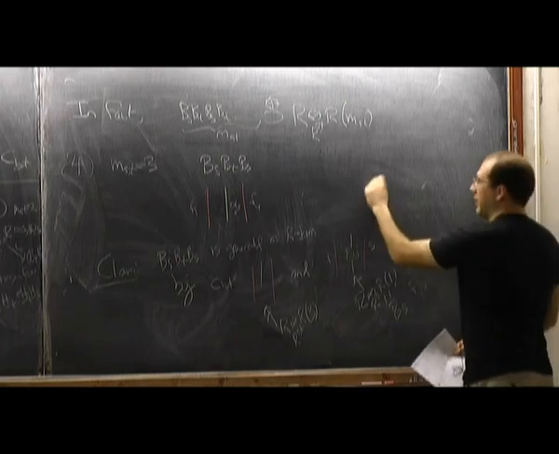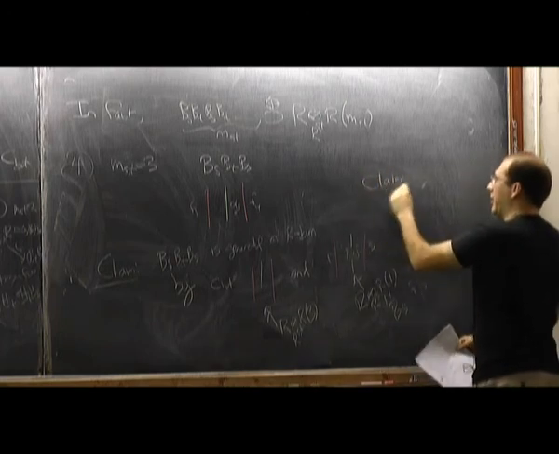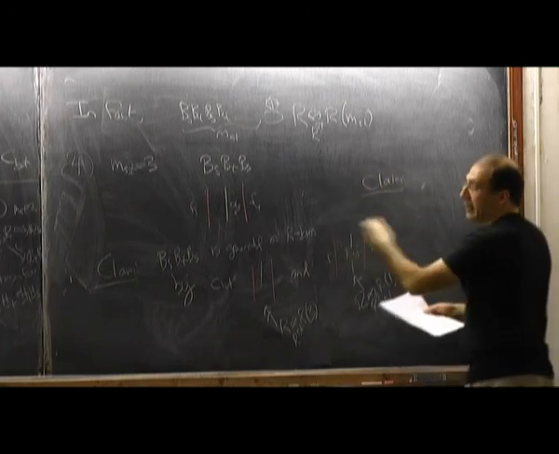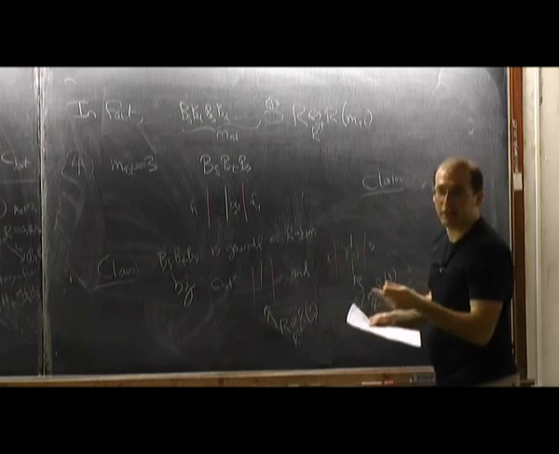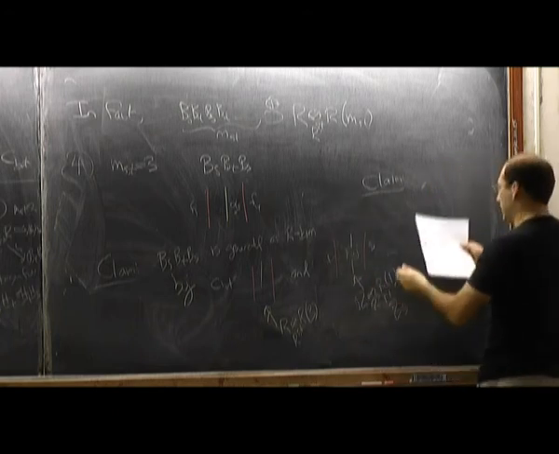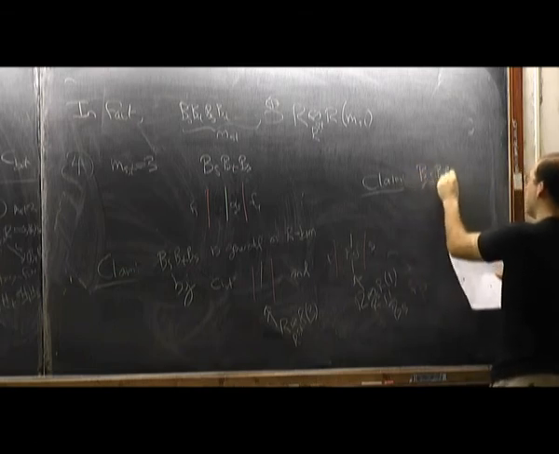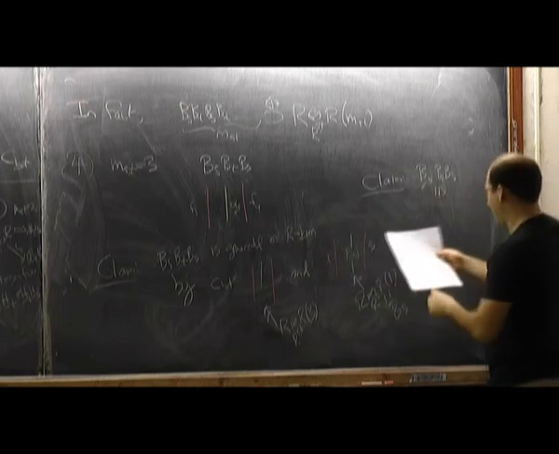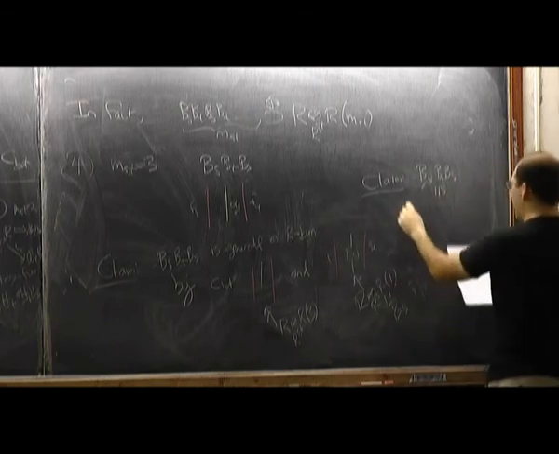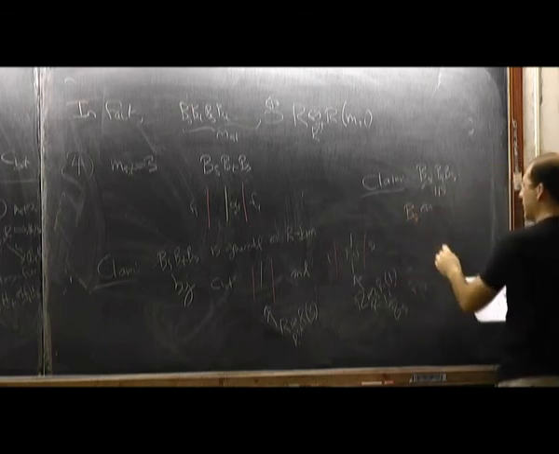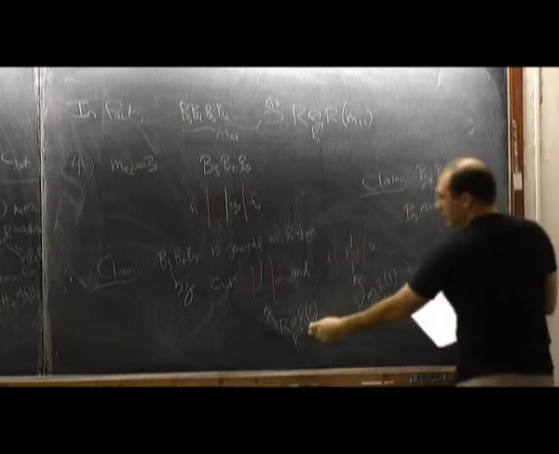The claim, and I think this is part of the exercise, but finding the inverse maps is really annoying. But this works. Is that BTBS? Yes, exactly. It is isomorphic to BS plus this thing.